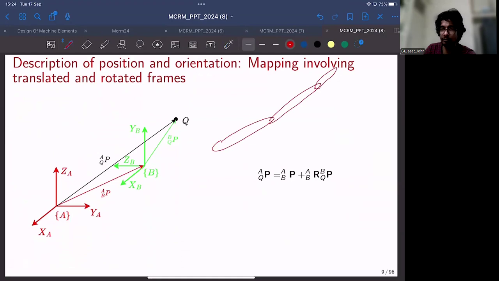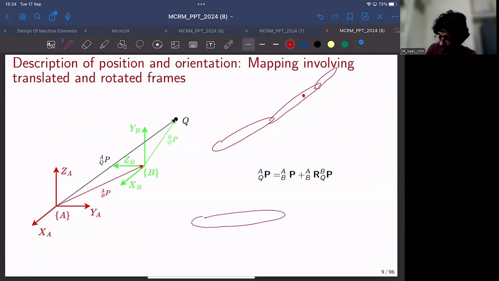And most often, if there is a point that you want to describe, you would find it very convenient to describe this point with respect to this joint rather than any other joint. So once you do that, eventually you will have to map it to a final global frame, a fixed frame. So you would probably require mapping to and fro between different frames, because a rigid body can be easily represented by a frame of reference.